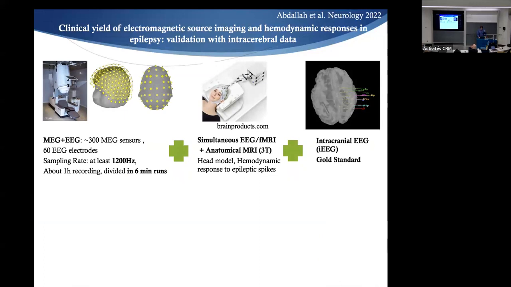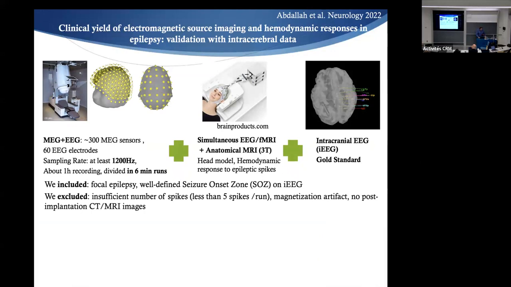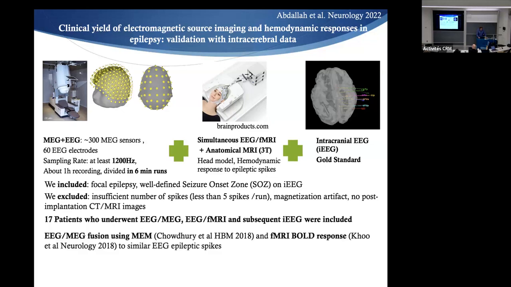Everything was localized, co-registered to the same MRI, which is not that easy, but I'll skip the detail on that. So we included patients showing a well-defined focal seizure-onset zone defined in the SEEG. And we excluded patients with not enough spikes or with artifacts or no post-implantation MRI or CT to localize the electrodes. So in this study, we included 17 patients.